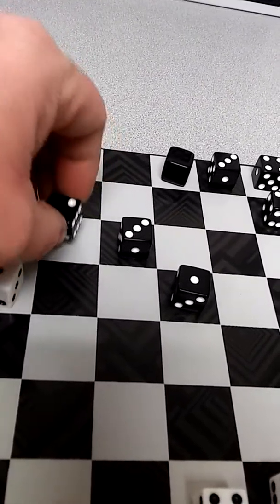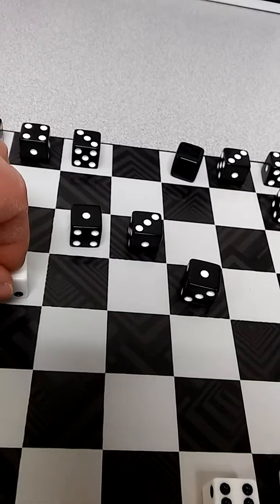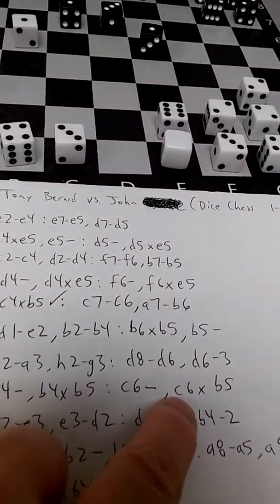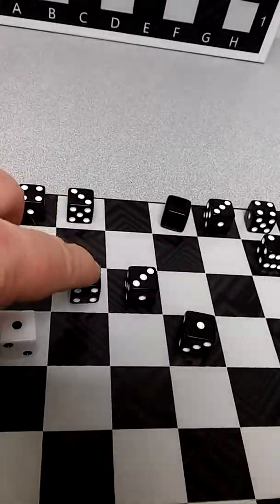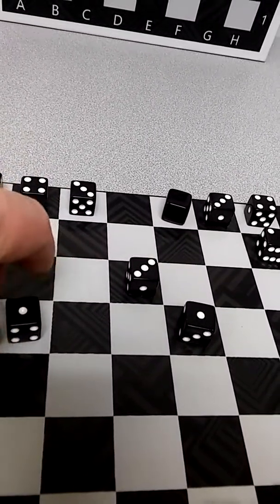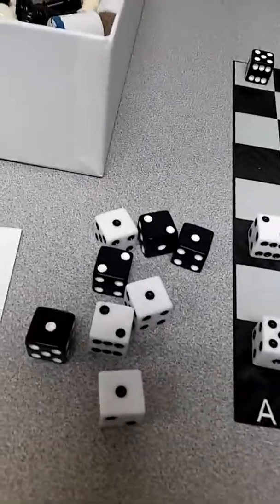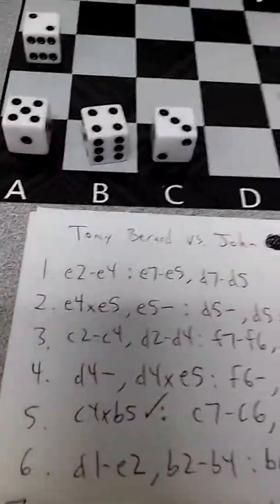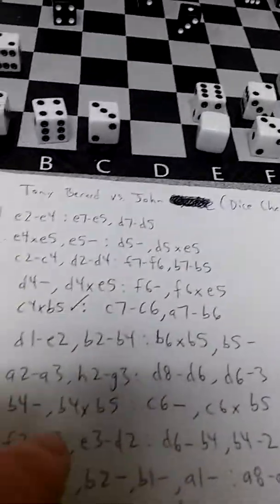C6, that's this guy. So he decremented this to a 1. And then he played C6 takes B5. So he captured there. And as you can see, 4 to 4. So the game is still balanced. We each made 1 mistake.